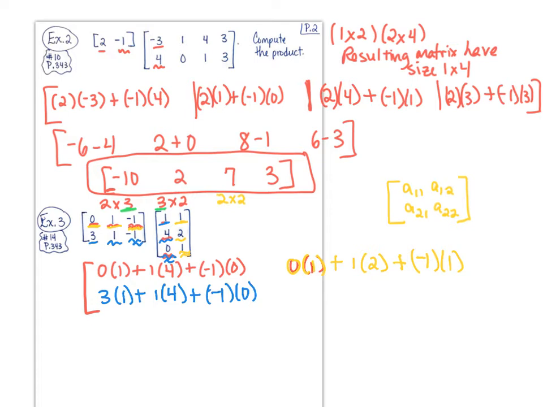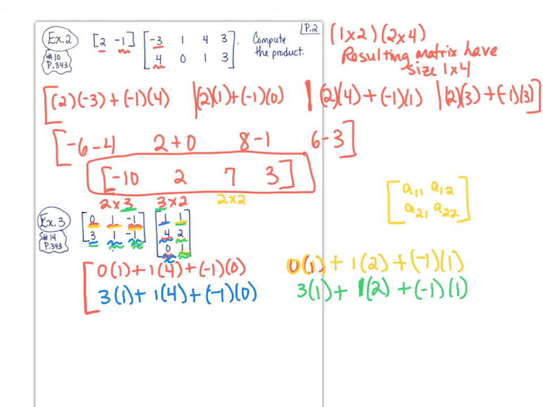And then the 2, 2 entry is going to be what? 3 times 1 plus 1 times 2. Plus negative 1 times 1.